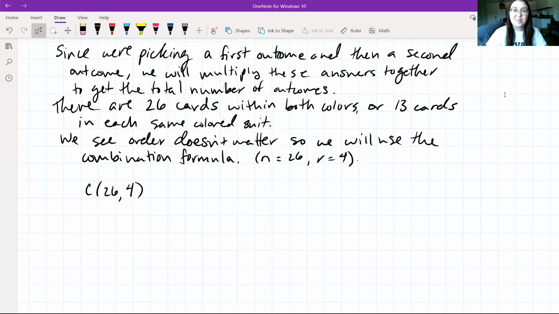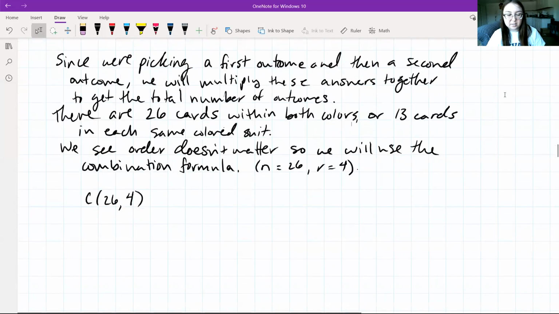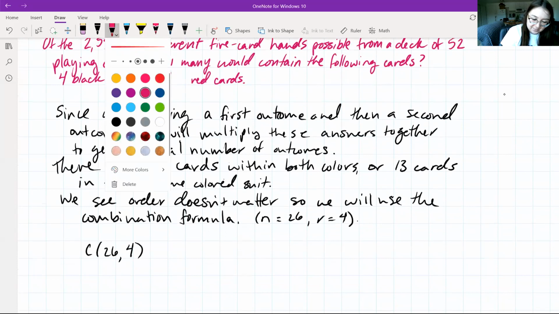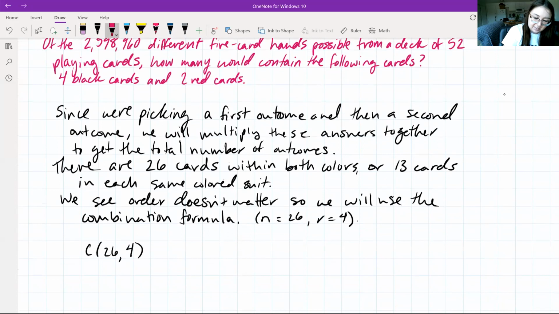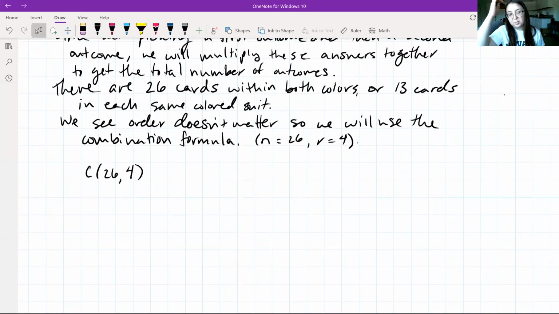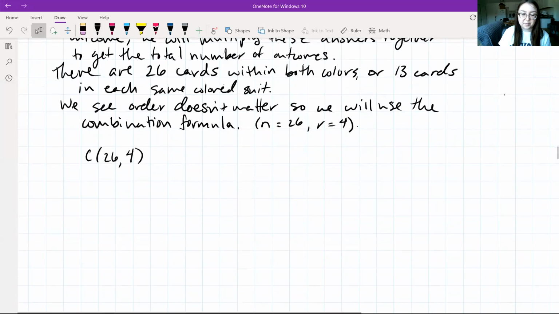All right, so we write out our combination formula. Our n is going to be 26 because we just need 4 black cards. So when we do pick these, this is also supposed to be a 2. There we go. All right, so then when we pick these, we only want 4 black cards, and it doesn't matter which suit, just has to be black. So we have our combination of 26 and 4.